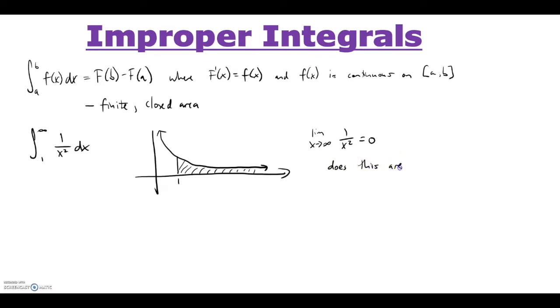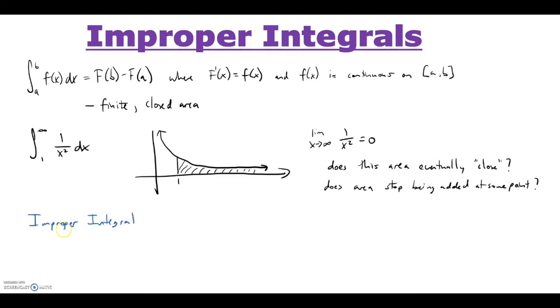So the question becomes, if the limit of this function as x approaches infinity equals 0, does that mean this area eventually closes? Or to think about this question in another way, if the limit as x approaches infinity equals 0, does this mean at large enough values of x, at some point, area stops being added to this region? And this brings us to the concept of an improper integral.